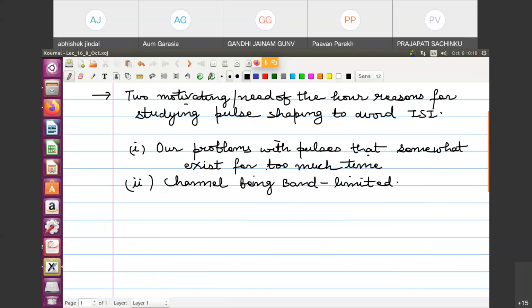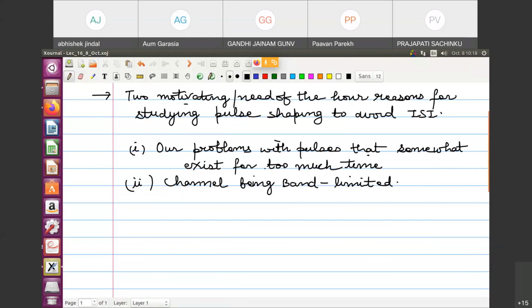So basically what he said was that we can have overlap in the frequency domain, but that overlap has to be of a manageable nature.